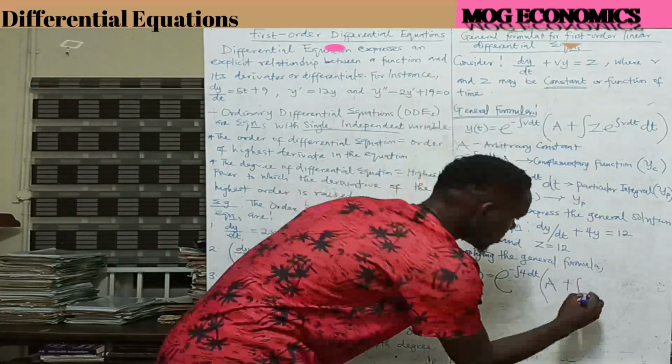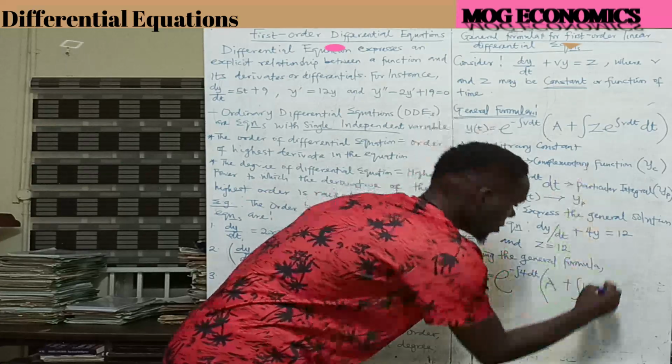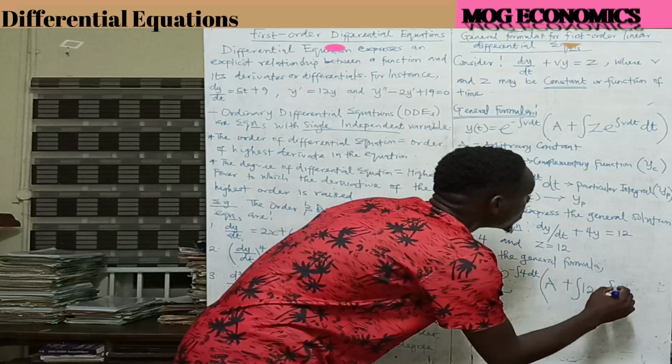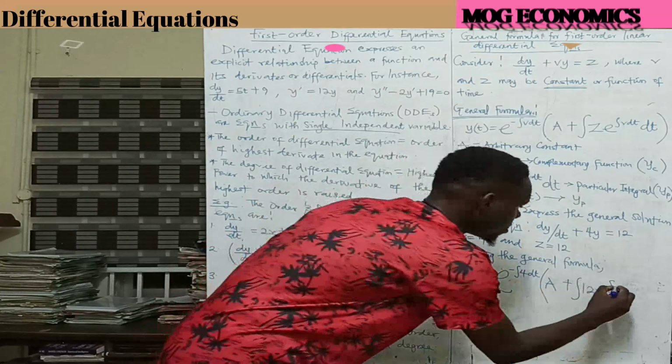Our z from here is 12, and the exponential again, and the v, 4.